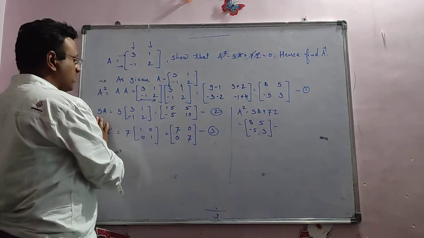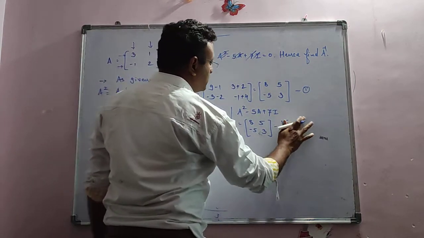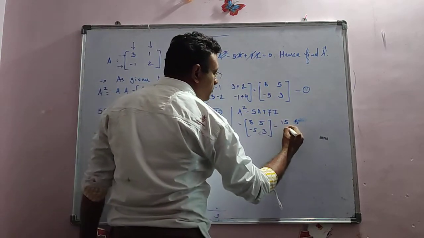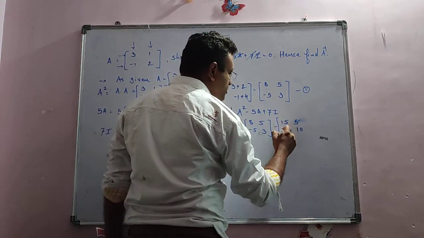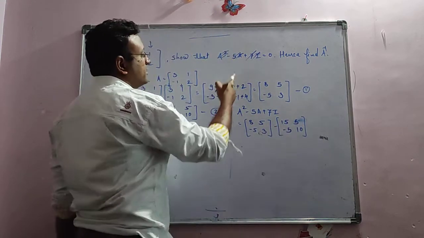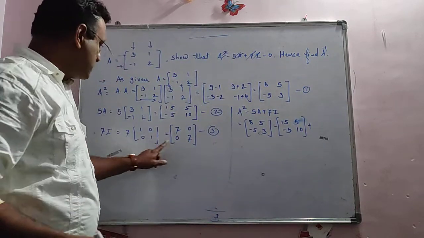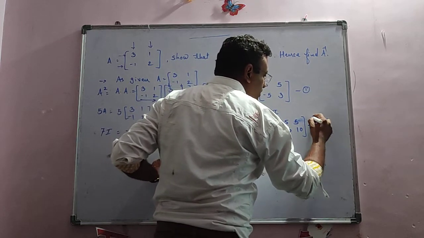We have found 5A: 15, 5, minus 5, and this is of course 10. After that, plus 7I. We have found 7I: 7, 0, 0, 7.